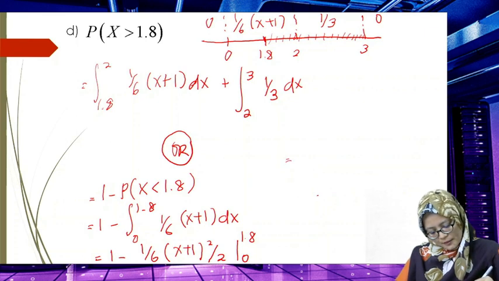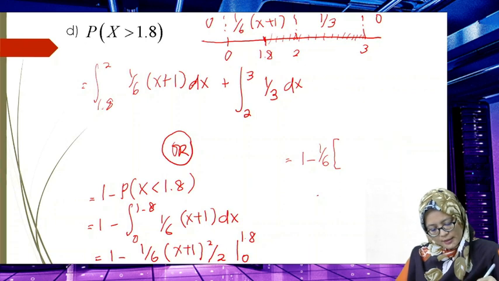So kita akan dapat 1 tolak 1/6 1.8 plus 1 square over 2. 1/6 is a constant, so keluarkan.